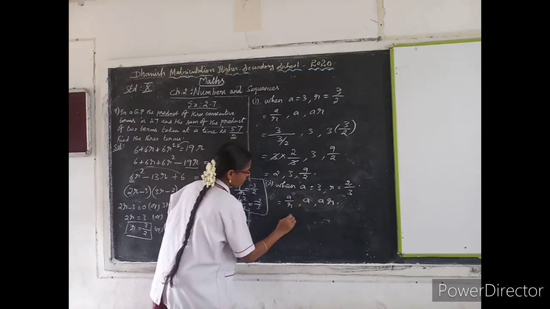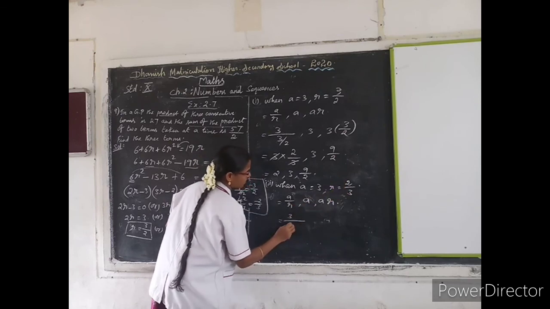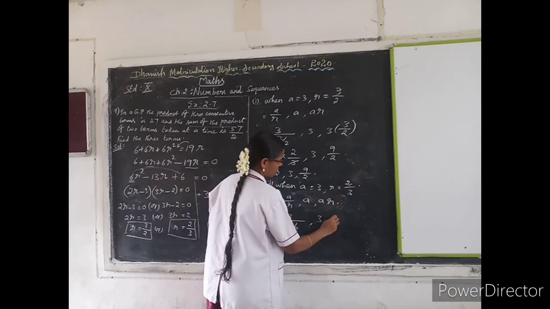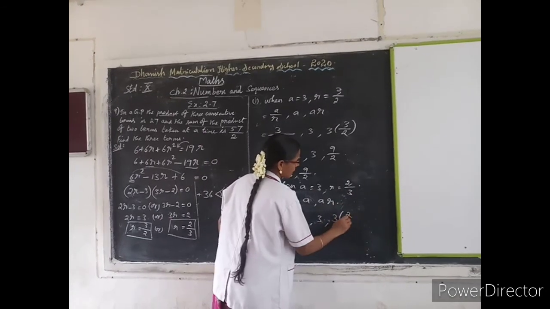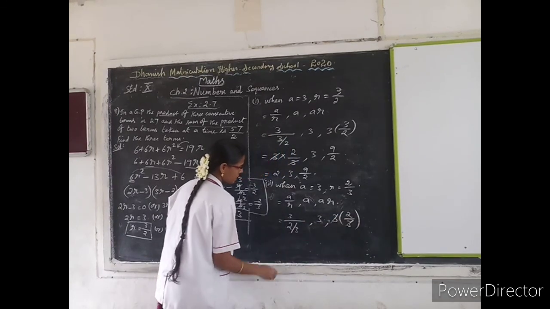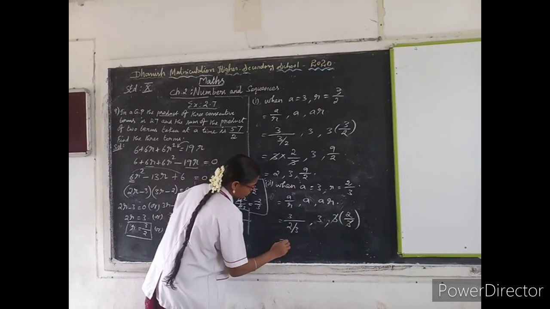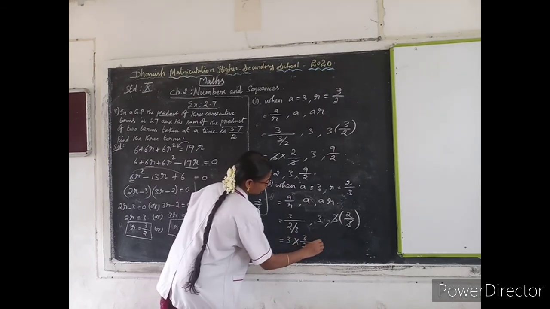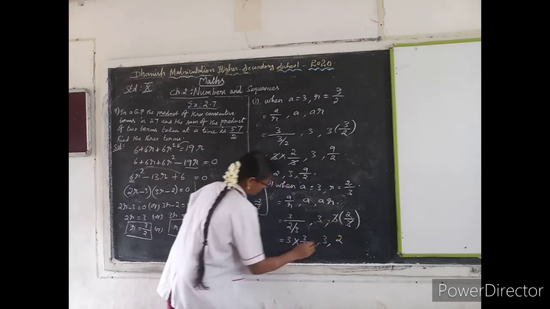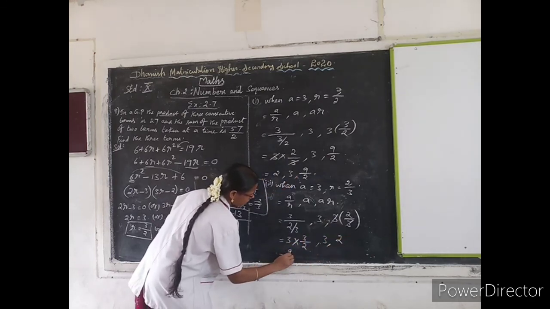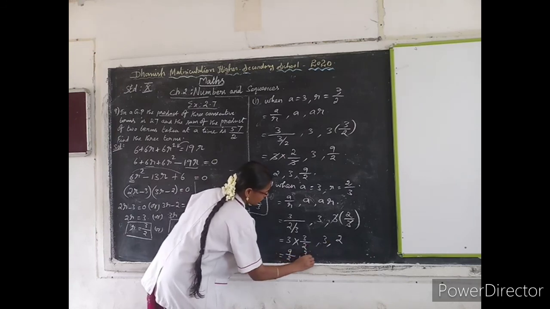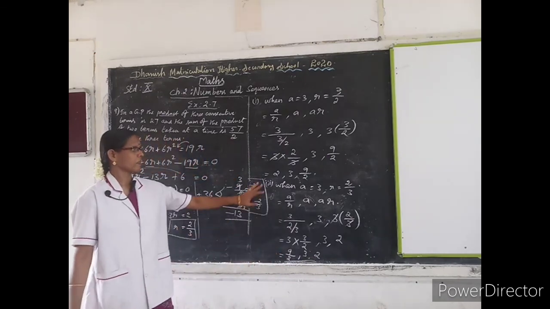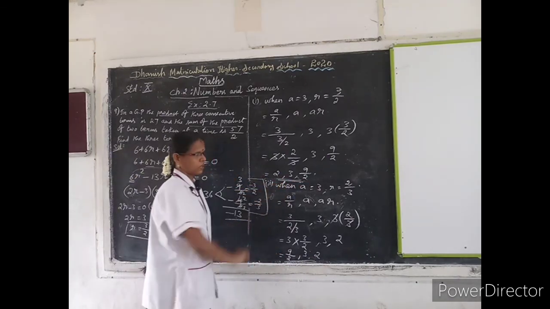So a is 3 divided by r, again a fraction, 2/3, comma a is 3, a into r is 3 into 2/3. Here the 3s get cancelled. Here, a fraction in the denominator, so write the reciprocal: 3 into 3/2, comma 3, comma this 2. So 3 3s are 9/2, comma 3, comma 2. This is our required GP. This also is our required GP.